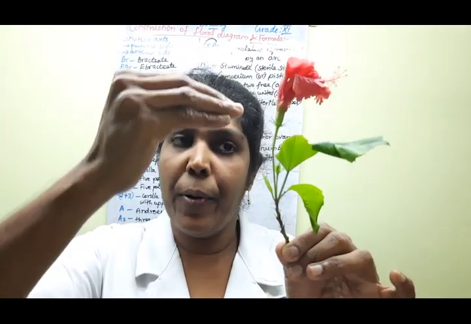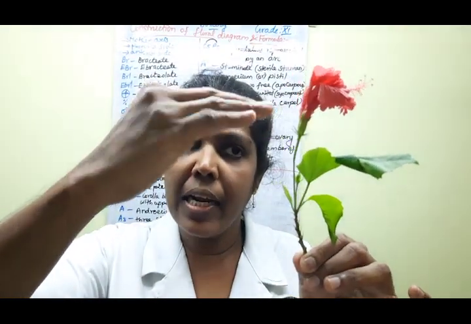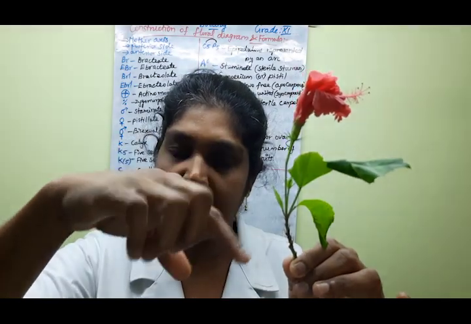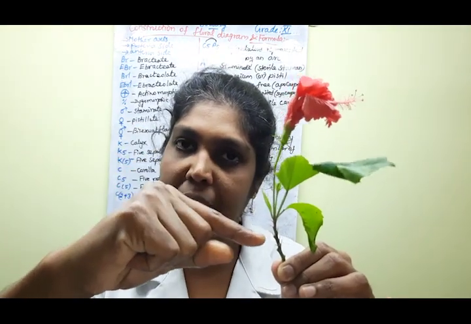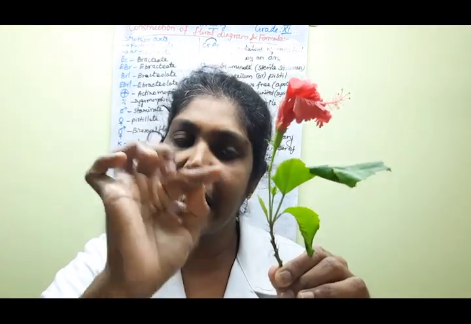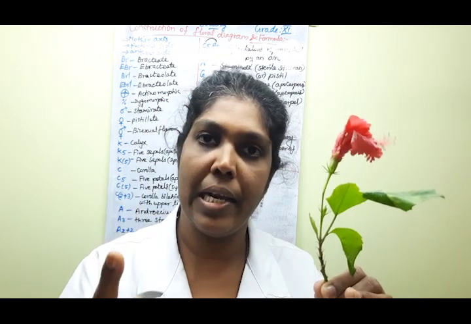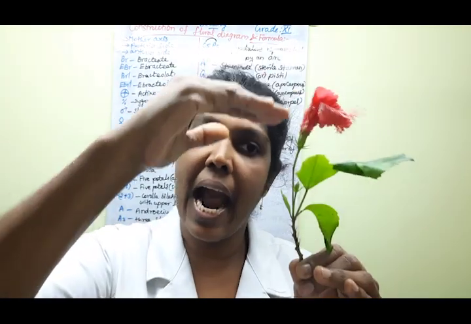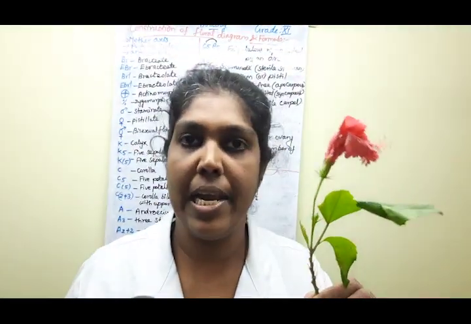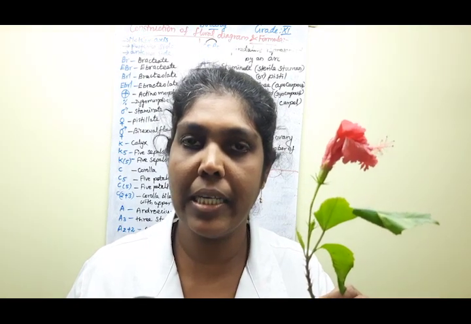Understood? So here the flower faces the bract region, and that side we declare as the anterior side. That is how we declare the posterior side and how we declare the anterior side. Understood, children? Say yes or no?